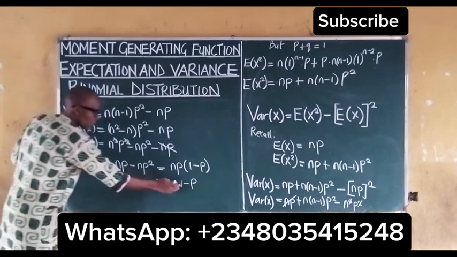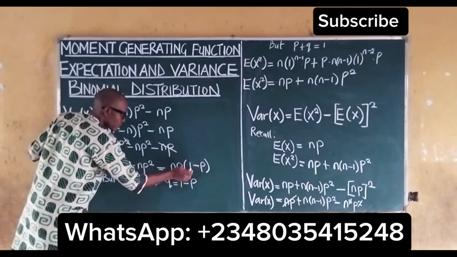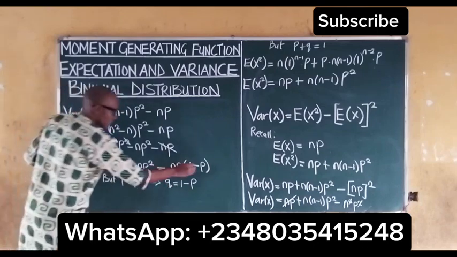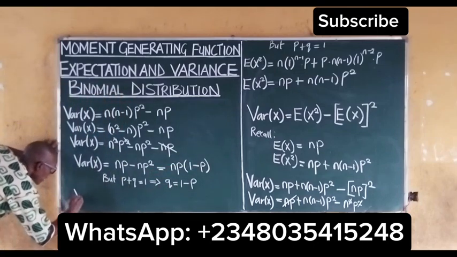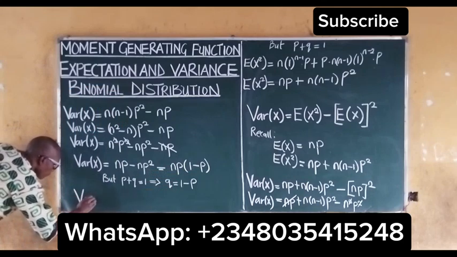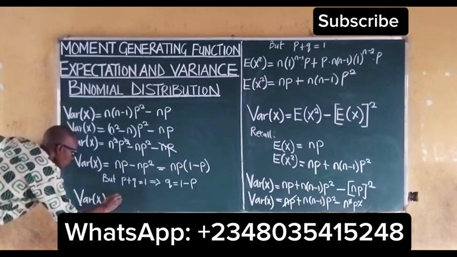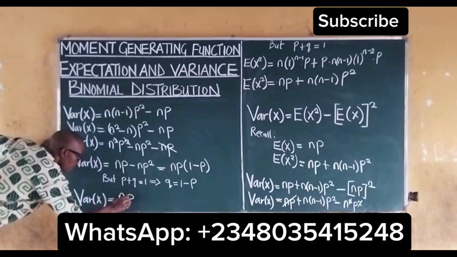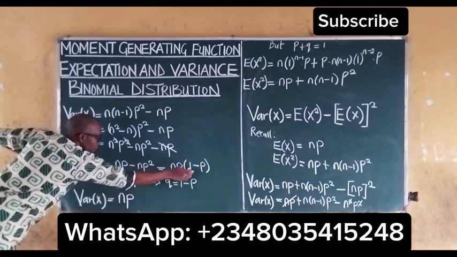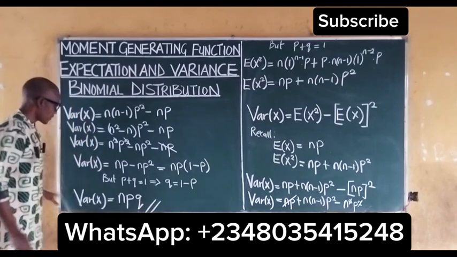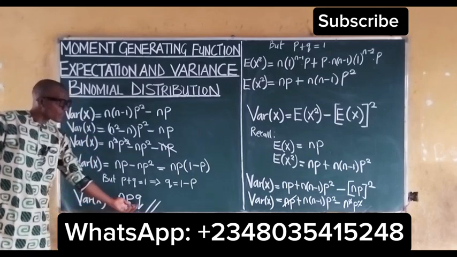It then means that if we have 1 minus p here, the whole of this is q. So we can write our variance of x to be equal to np, and we now substitute this q into here, npq. Hence, our variance of x is npq.